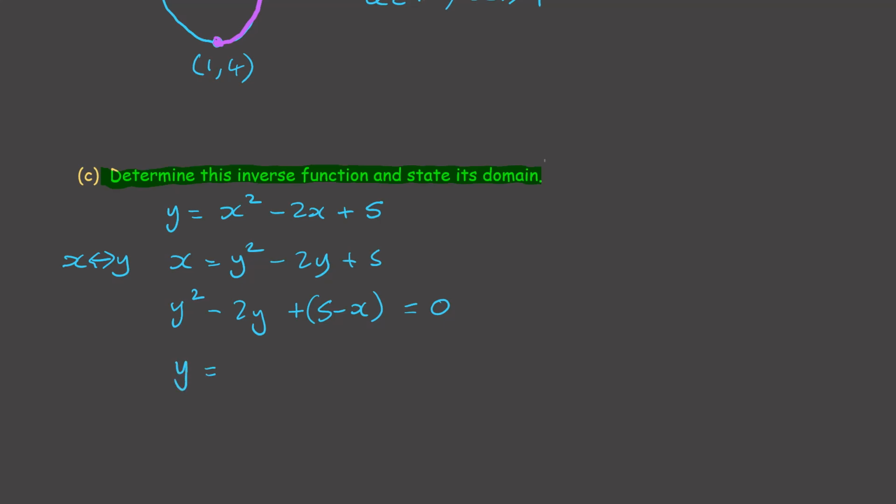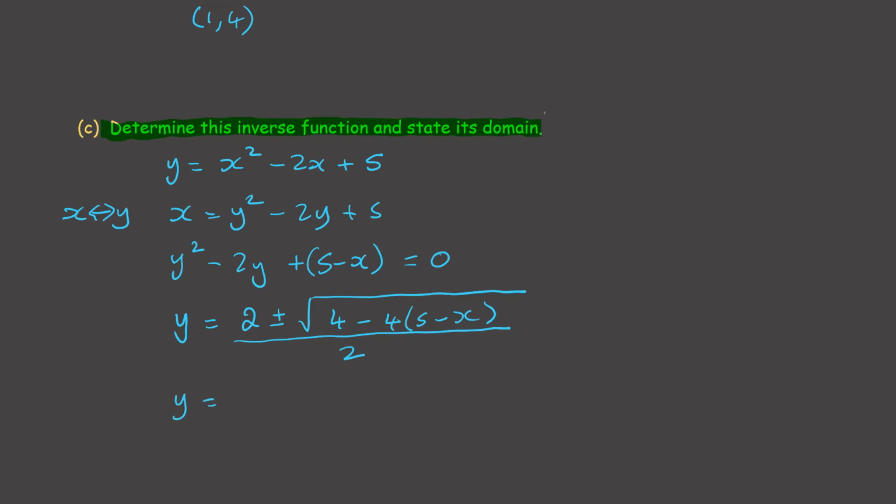So y would be equal to 2 plus or minus the square root of 4 minus 4 times 5 minus x, all divided by 2.